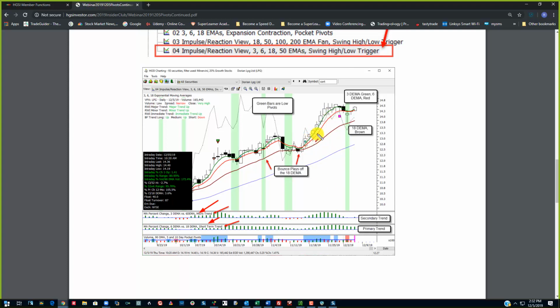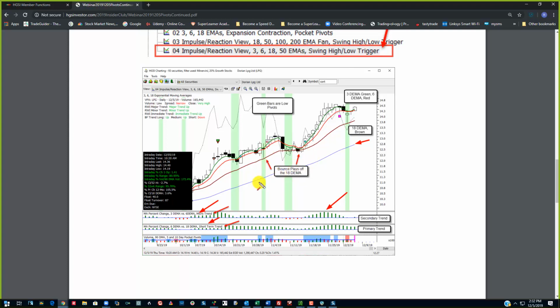As these lines move apart on the 3 and the 6, the histogram will be getting taller, and the same goes for the 6 and the 18. I have the 50 in here too, because many times a stock will bounce off the 50-day, but primarily I'm interested in these 3 moving averages, and I'm also primarily interested in stocks that are going up.